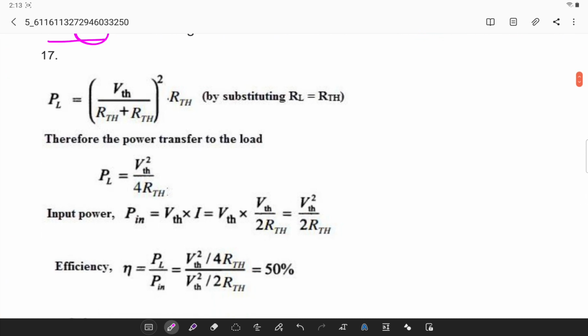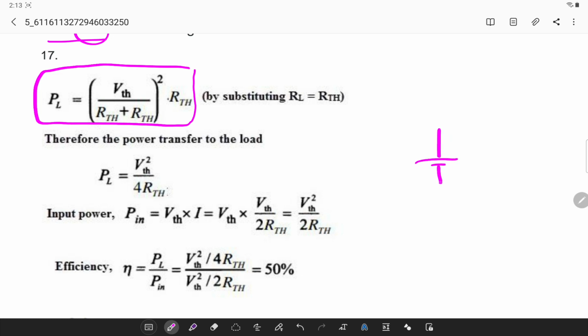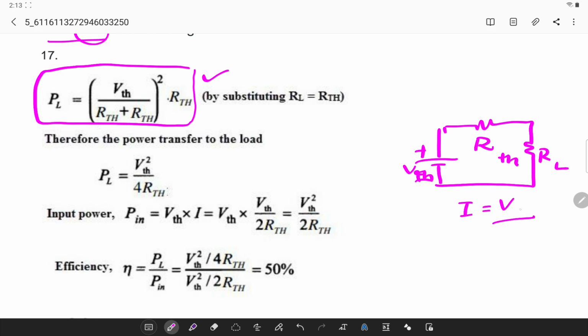In general, the power equation in a circuit with V Thevenin, R Thevenin and RL: the power is I square R, where I is V Thevenin by R Thevenin, and when the source resistance is equal to the load resistance, this is the condition of the maximum power transfer theorem.